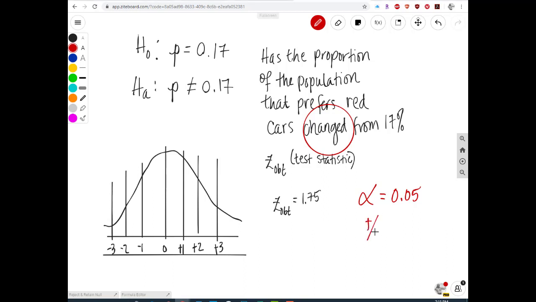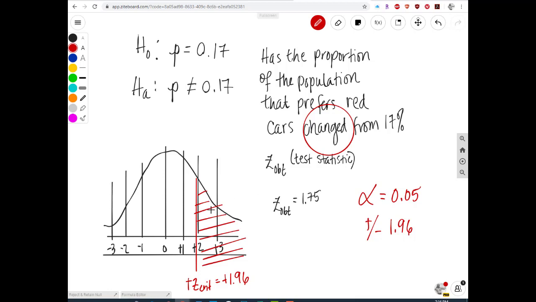Positive and negative 1.96. So if we look at our curve right here, positive 1.96 is right here next to 2. Okay, that's my z-crit, a positive z-crit of positive 1.96. Anything past this, past my z-crit, I'm going to reject.